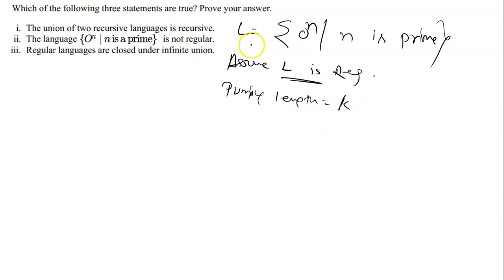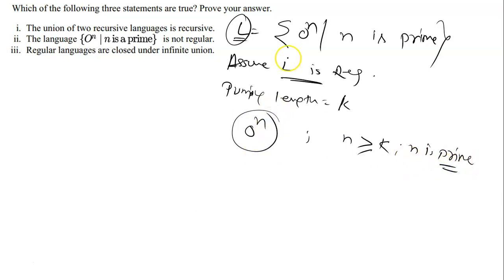Now from this language, we will take a string 0 power n such that n is greater than or equal to K, and this n is prime. Let's call this string w. This string belongs to language L, and the length of w is greater than or equal to the pumping length.